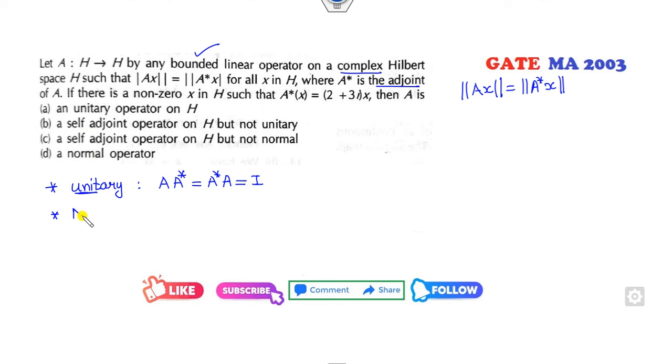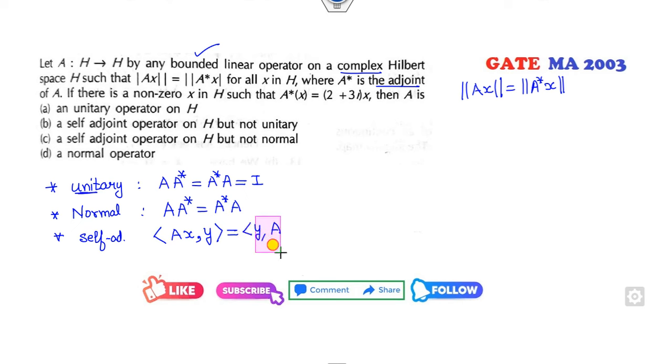Next one is normal. How can you prove it's normal? You have to prove that A into A star is A star into A. Then the next one is self-adjoint. How can you prove self-adjoint? You can prove that the inner product of Ax and y is the inner product of x and Ay.